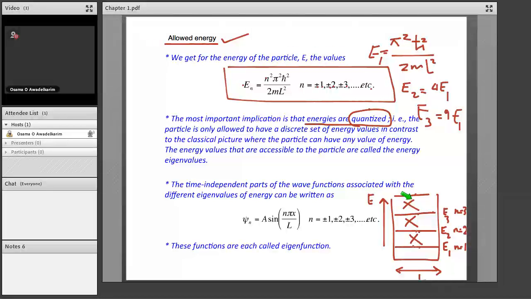These regions here of energies are not allowed. So these regions of energies are forbidden energy gaps. We cannot have the energy of the electron here.